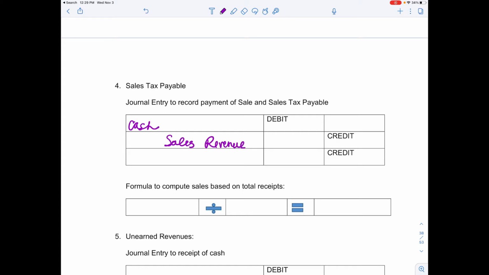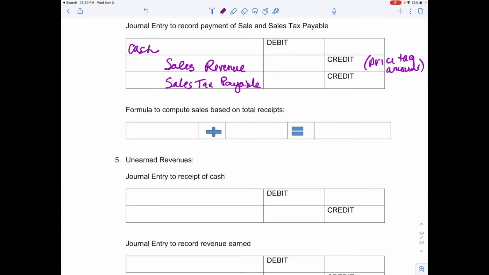And this is basically for the price tag amount, I like to say. And then we're going to credit our sales tax payable. Because remember, these companies are collecting that tax from you. They still owe that tax, and they're going to pay all of that cash.